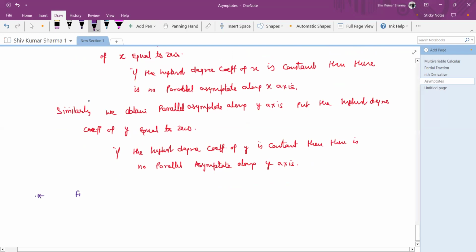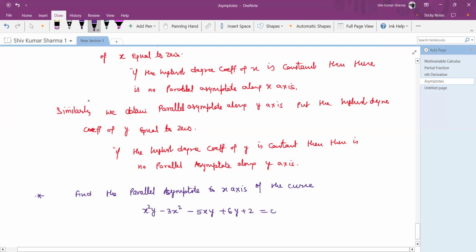So find the parallel asymptotes to the x-axis of the curve x square y minus 3x square minus 5xy plus 6y plus 2 is equal to 0.